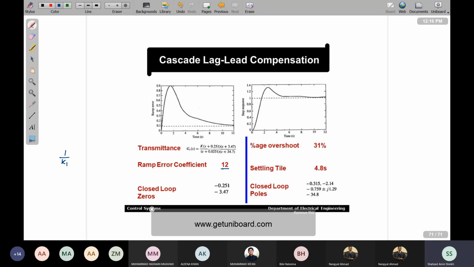So as a result of that, the relative stability when compared with the uncompensated system, yes, it is reduced, but we are increasing our steady state performance, improved when compared with uncompensated system, but slightly jeopardized when compared with PI compensated system, because in this case K1 जो है ramp error coefficient जो है that is equal to constant, और आपकी जो ramp error है वो that would not be zero in this case.